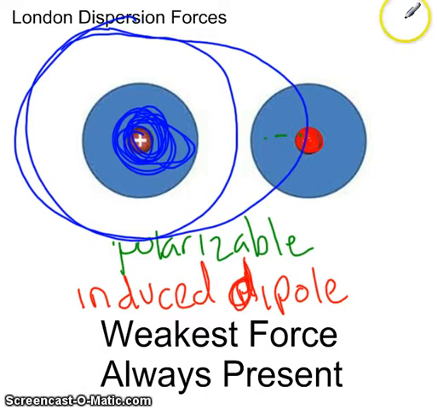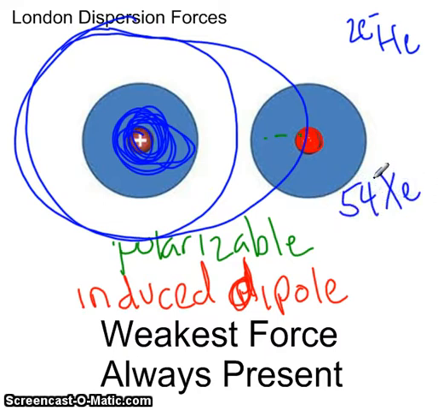So if you compare something like helium, which has 2 electrons, to something like xenon, which has 54 electrons, xenon is going to be way more polarizable because it has 54 electrons to be able to disrupt it.